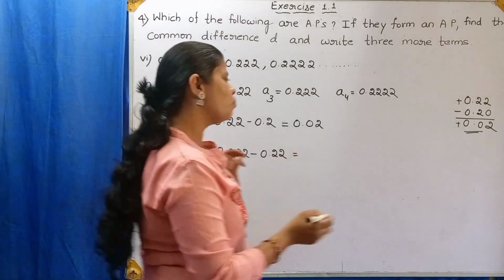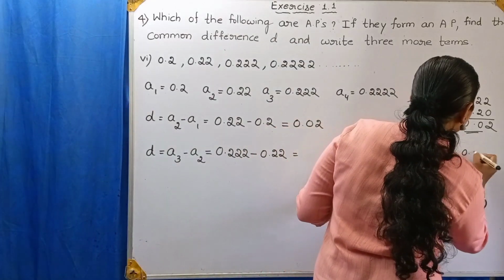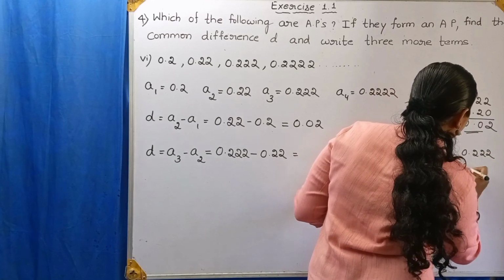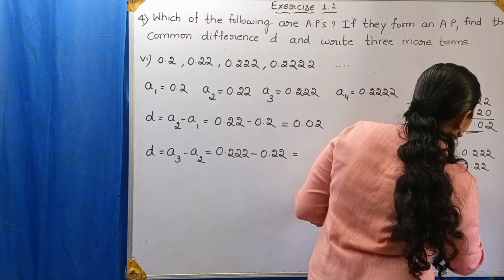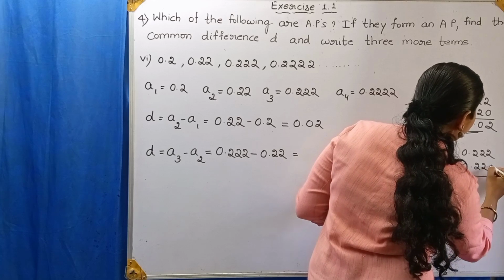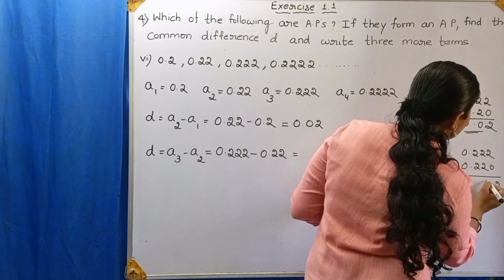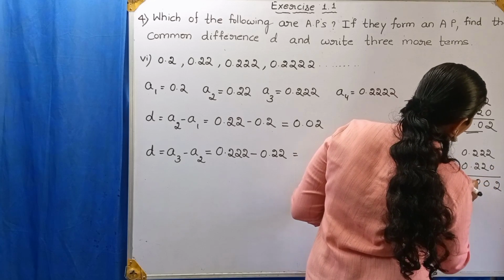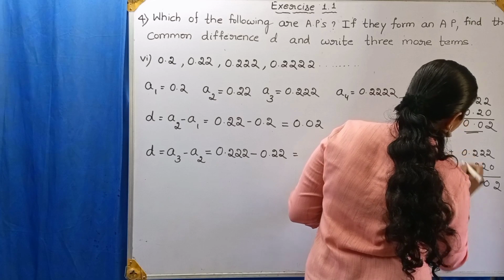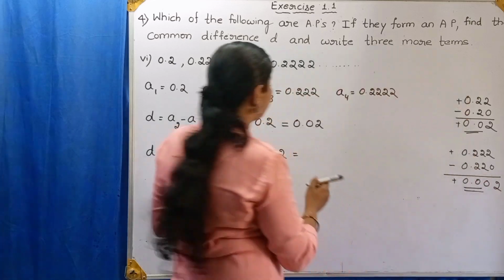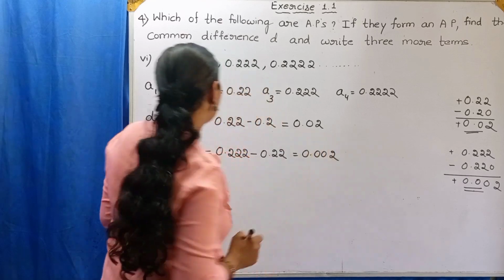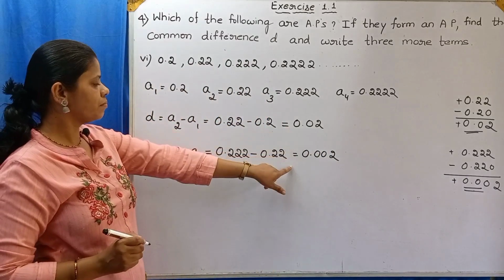That is here 0.222 minus 0.22. 2 minus 2 is 0. 2 minus 2 is 0. 0.002. That is 0.002.